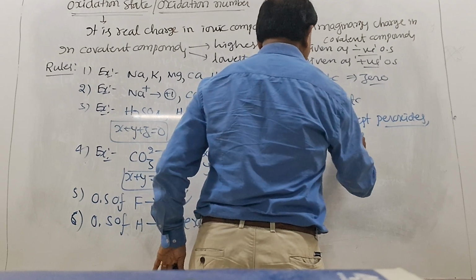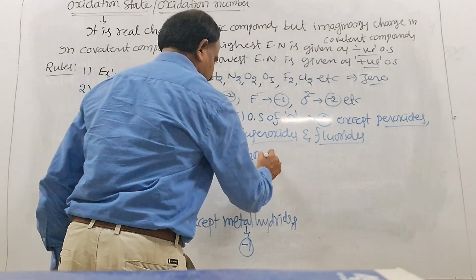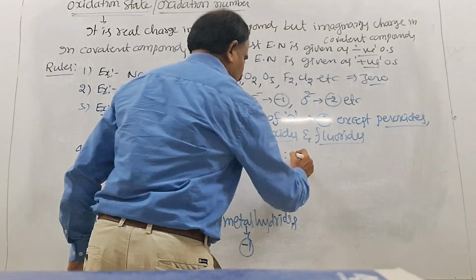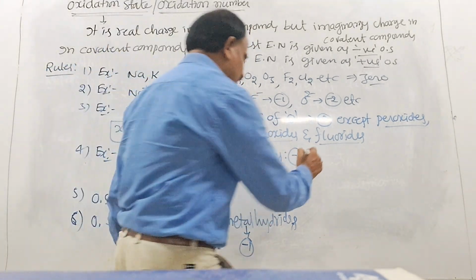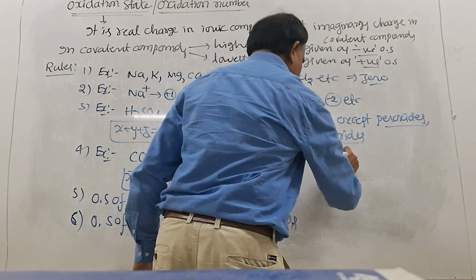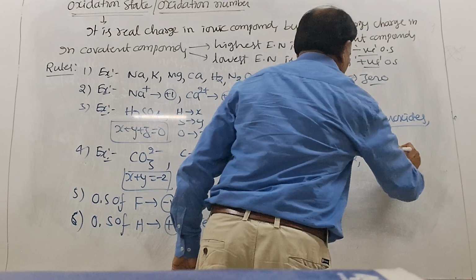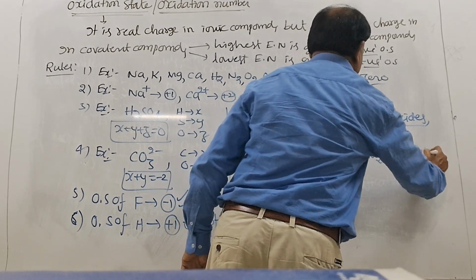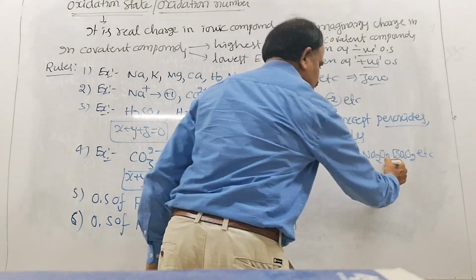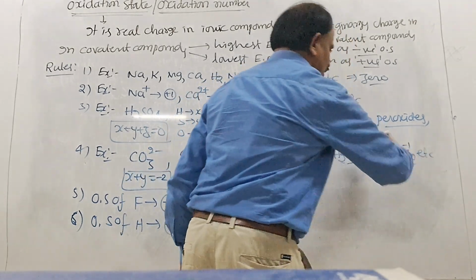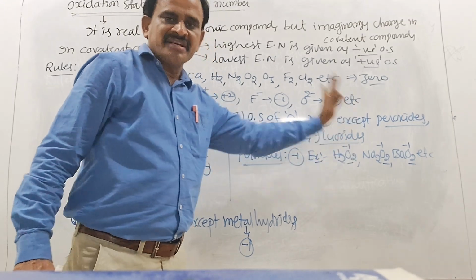If we take peroxides, in peroxides, oxidation state of oxygen exhibits -1. You see the examples: hydrogen peroxide H2O2, sodium peroxide Na2O2, barium peroxide BaO2, etc. Here, oxidation of oxygen in hydrogen peroxide is -1, here also -1, here also -1. In any peroxide, the oxidation state of oxygen is -1.